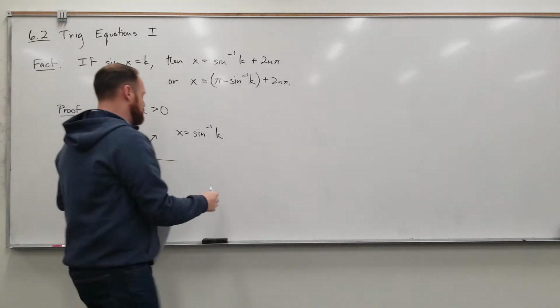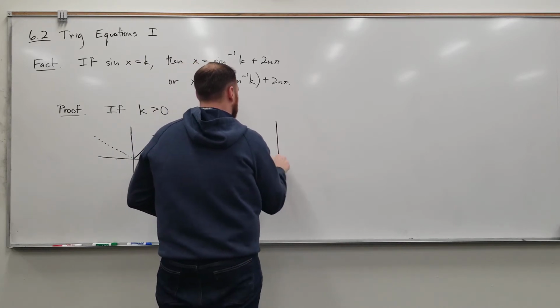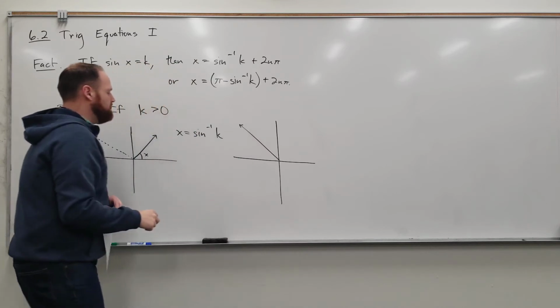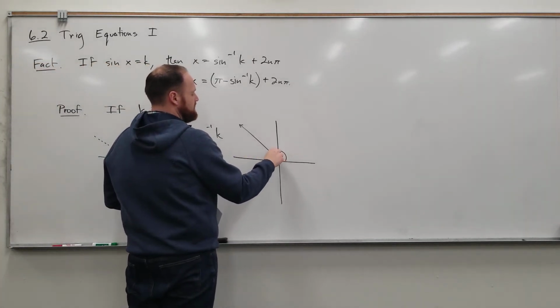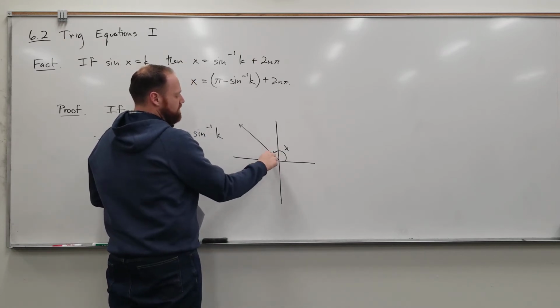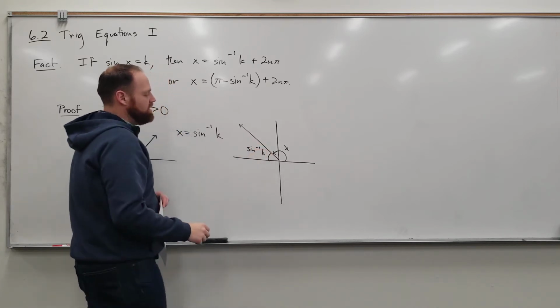Okay, so let me draw out another version of these, right? So here's the other possibility. The other possibility is that we're describing this angle right here, in which case its reference angle is still going to be sine inverse of k, right?